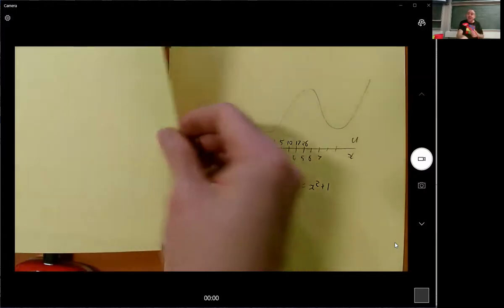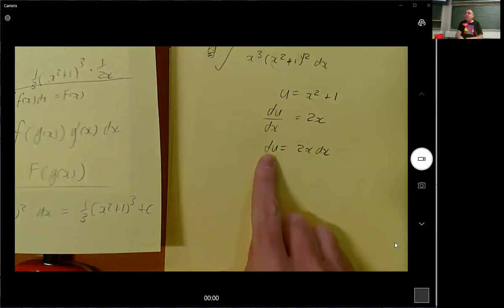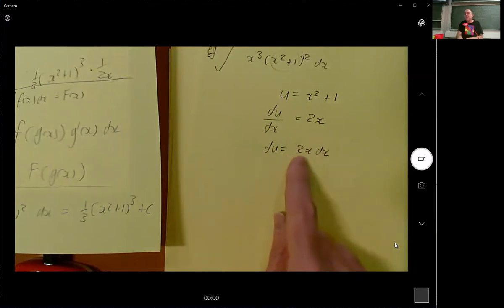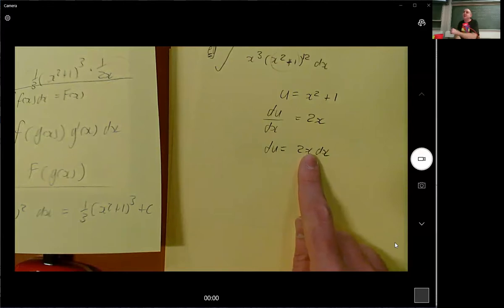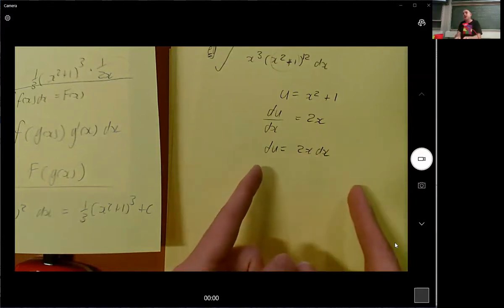And so what we're saying is that the speed that u moves as you move along the x-axis is twice the speed that x is using, and in fact twice whatever x you're up to. That's what that's talking about.